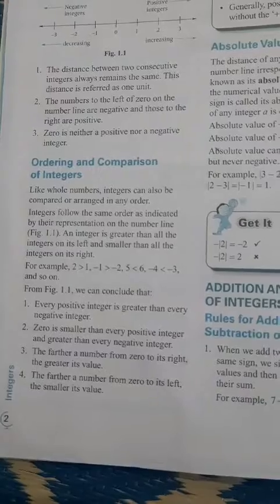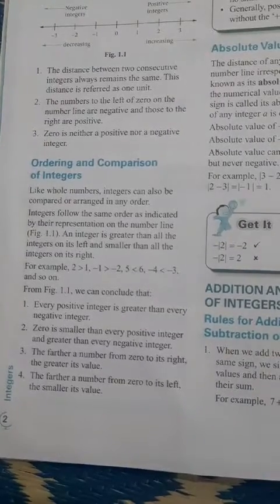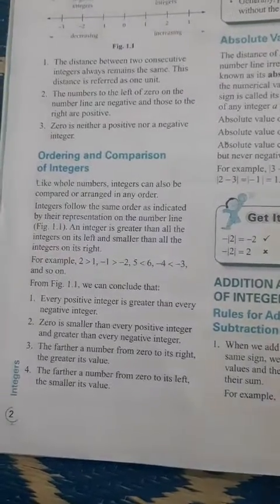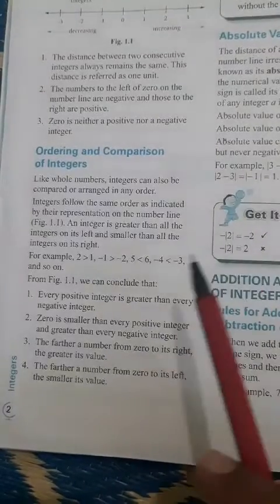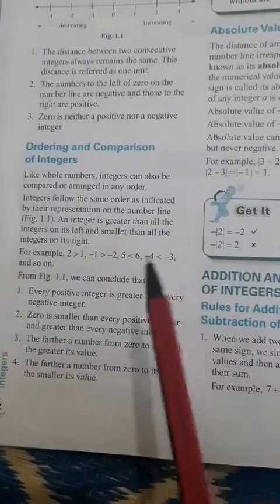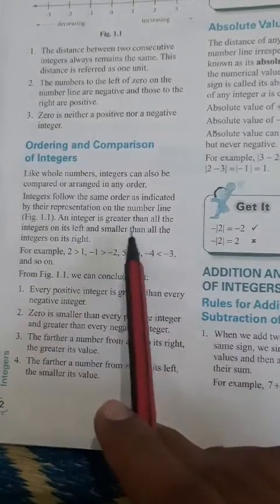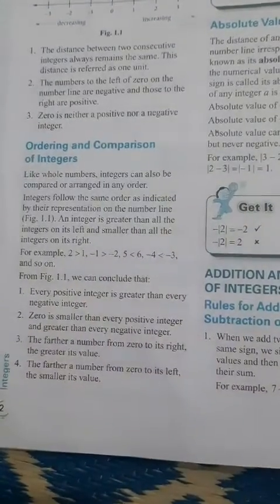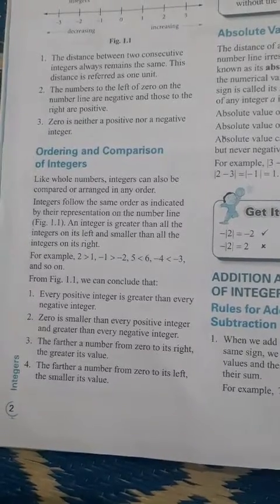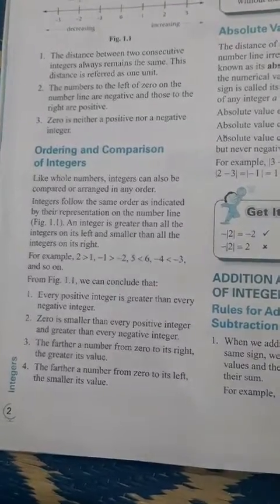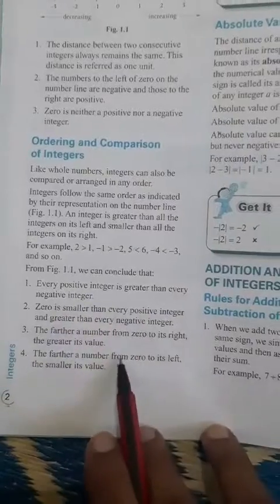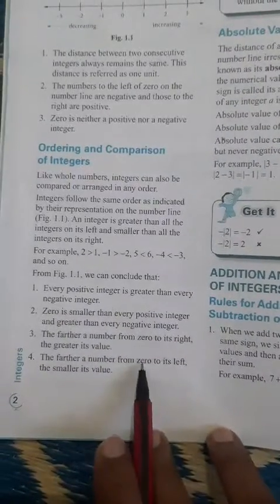Descending order is another name for decreasing order. An integer is greater than all the integers on its left and smaller than all the integers on its right. This is very important. After that I will give examples.